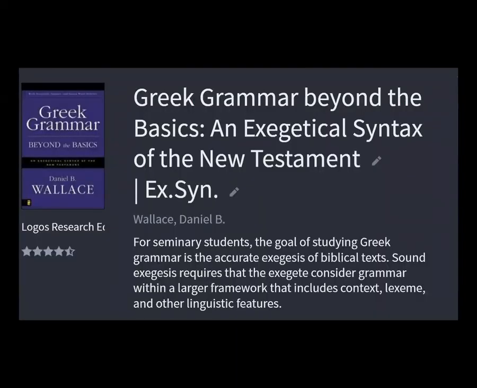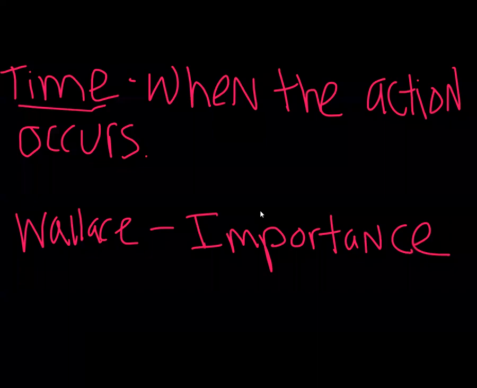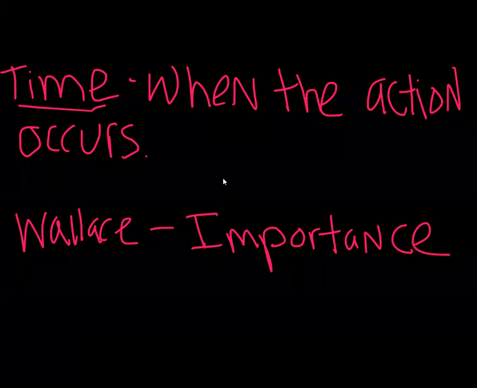Now, here's Wallace's Greek grammar, Beyond the Basics, and he's talking about action start and aspect right here, what it is. So, Che brought this up. That's the primary book that we're going by as we're doing this preparation. So there's the idea of portrayal of action. Time is when the action occurs.